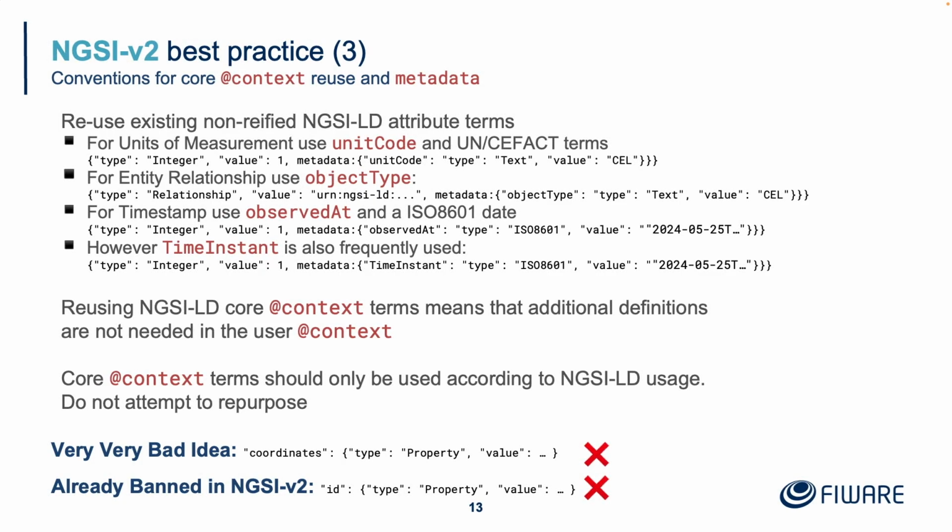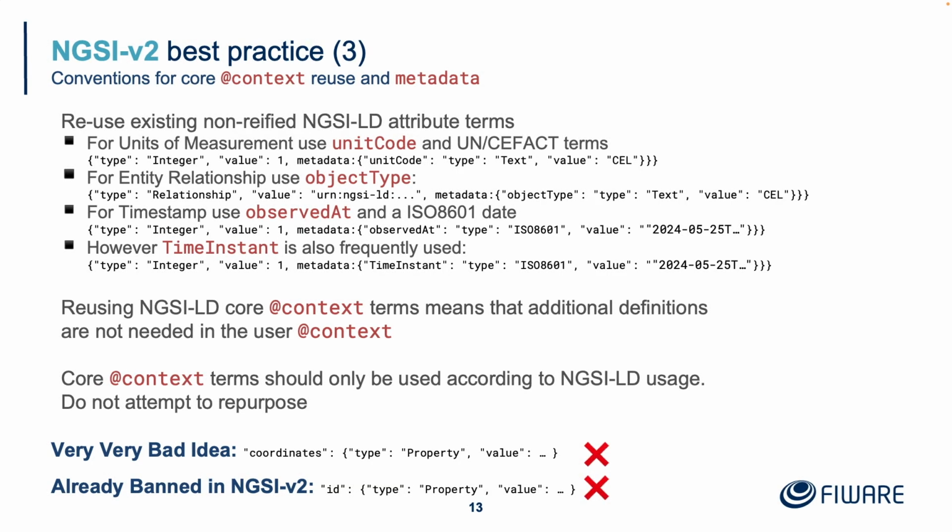If you're reusing all these core terms, which are in the NGSI-LD core context, you won't need to put them in your own user context. They're defined already. But what you really, really shouldn't do is try and rename things or use things which are not necessarily banned, but would be banned in NGSI-LD.